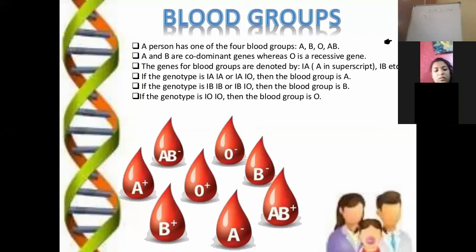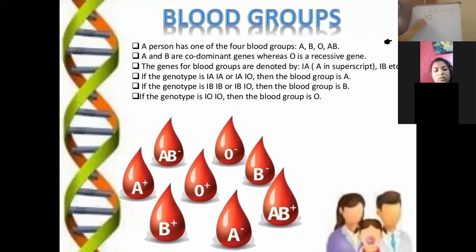That means O will decide the characteristic only in the presence of an identical one. If the progeny receives O from the mother and O from the father, then only it will have O as blood group.